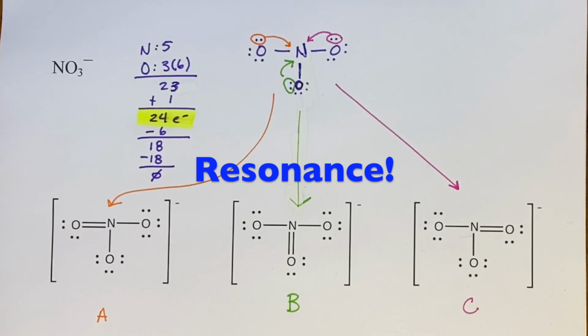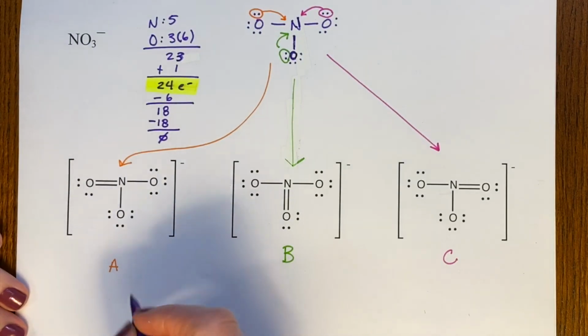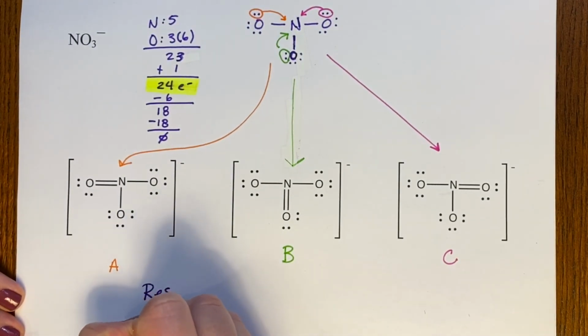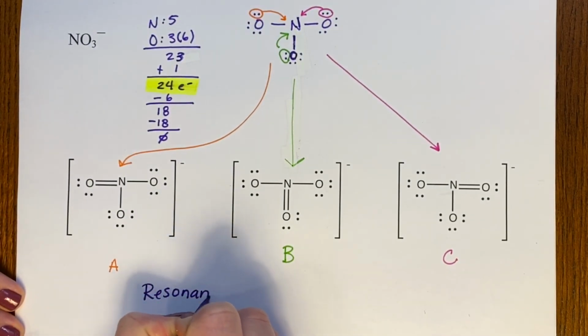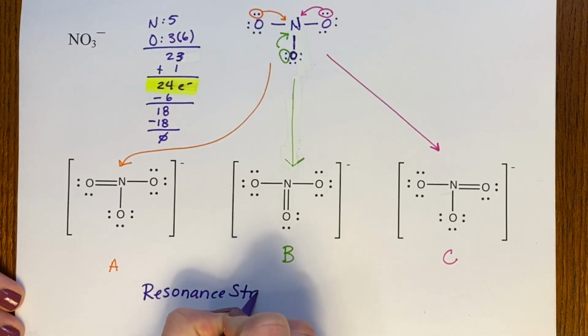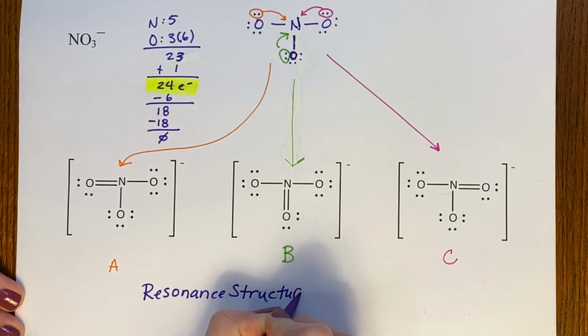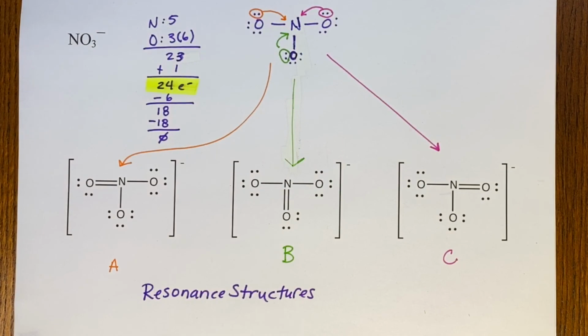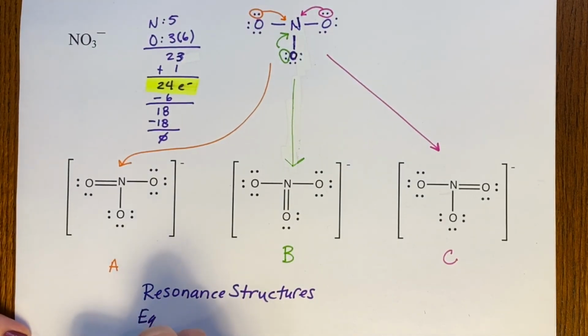The relationship between structures A, B, and C is that they are resonance structures of one another. And more specifically, A, B, and C are also equivalent resonance structures.